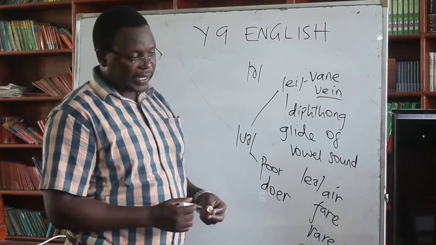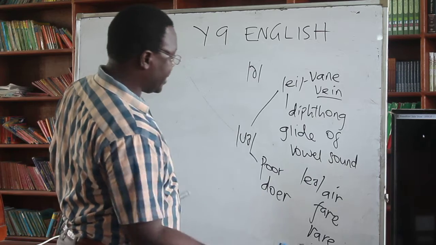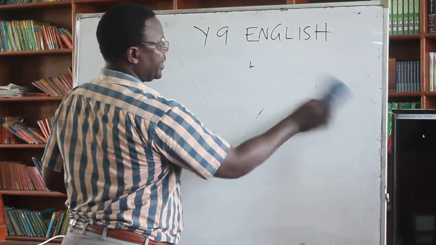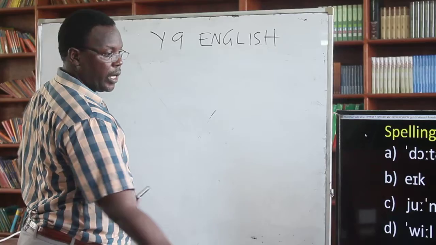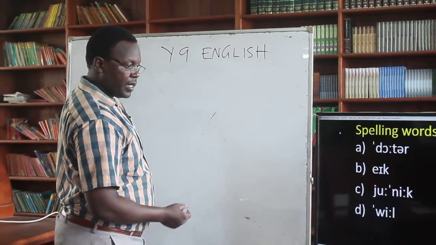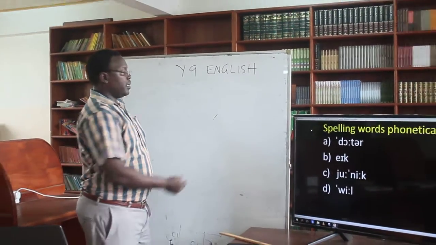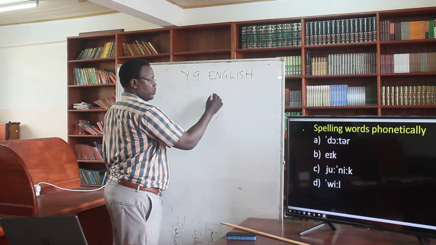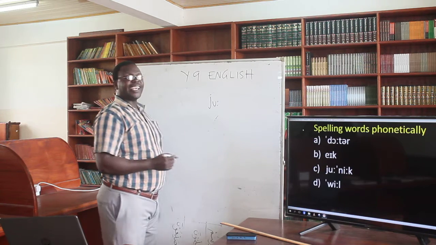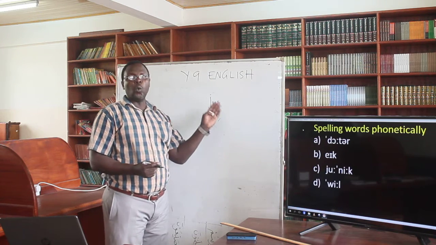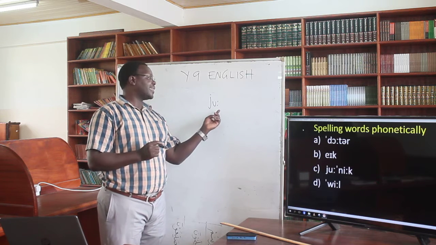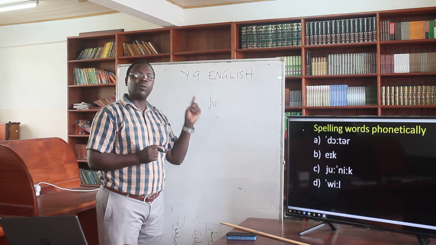If you look at letter C there, we have that sound Jew. It is a J combining with U and then a colon. That colon means that that vowel sound is a long vowel.